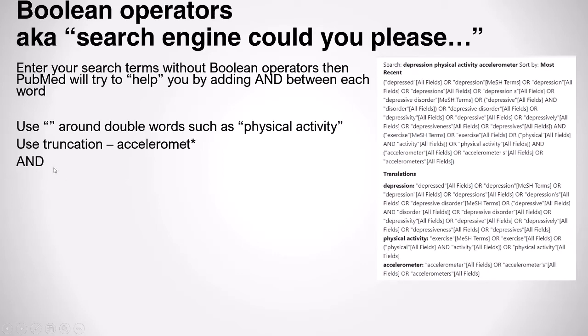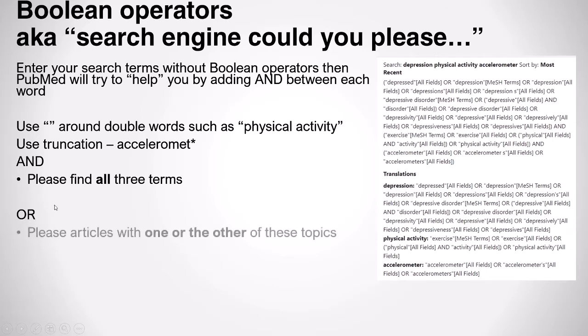And the main Boolean operators would be AND, which is basically saying to the search engine, could you please find all of these terms? So for me, it was depression, accelerometer, and physical activity were the main terms anyway. You might use OR, in which case you're asking the search engine to please find articles with just one or the other of these topics, please.